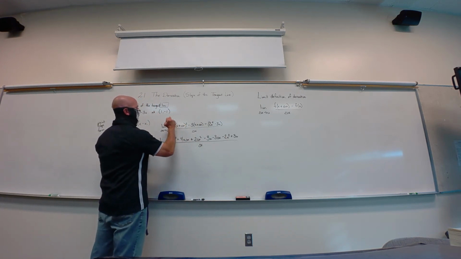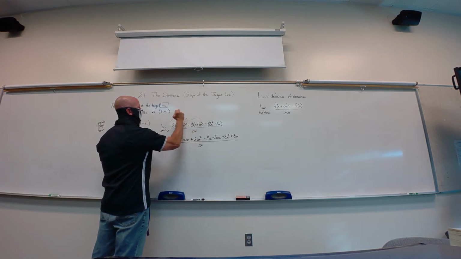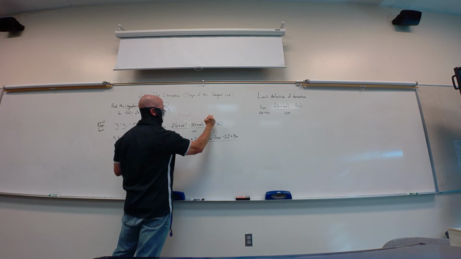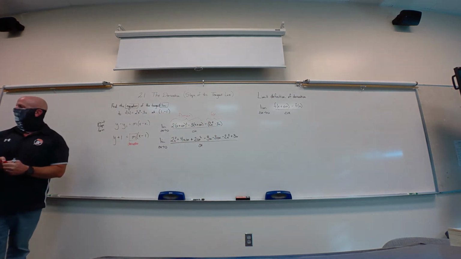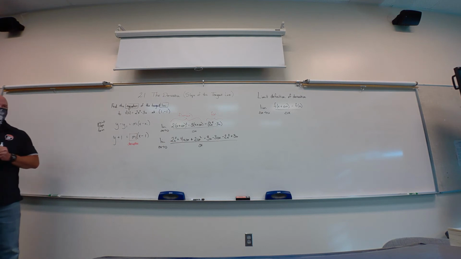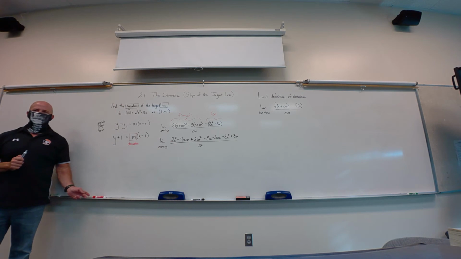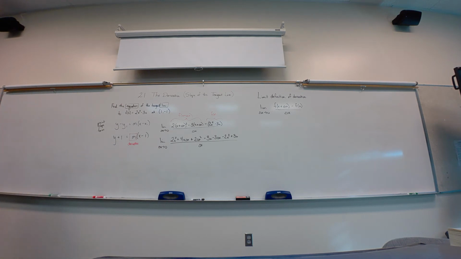This front part, this can help you in your notes too. That's f of x plus delta x, and then this is that f of x. There's my two pieces there. Everybody else okay to this point?